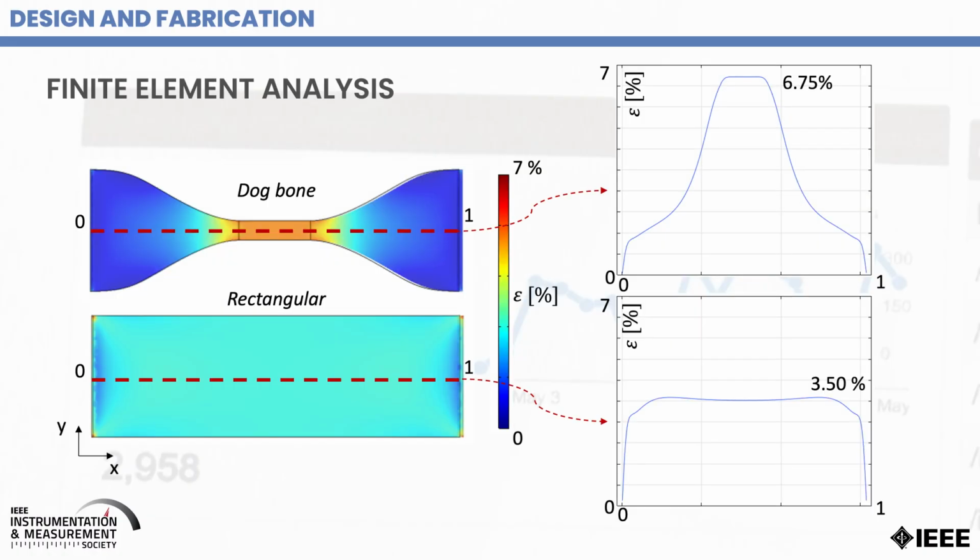Here in the slide, for instance, you can see two different shapes usually used to develop a flexible sensor for strain measurements, a dog bone shape and a rectangular shape. As you can see, if you enclose the strain sensor in the central part of this shape, you will have a higher response to strain for the dog bone shape.